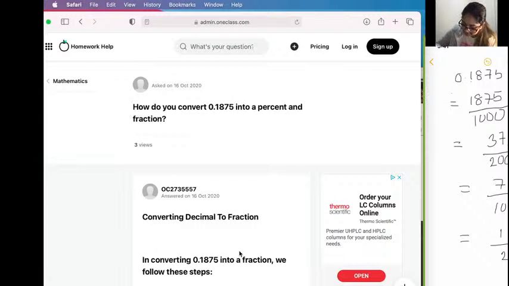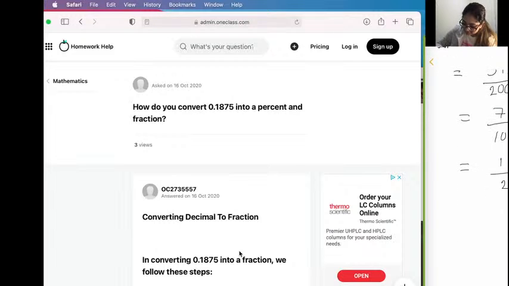And we can divide this even more and simplify this even more, and what we get here is 3 over 4.